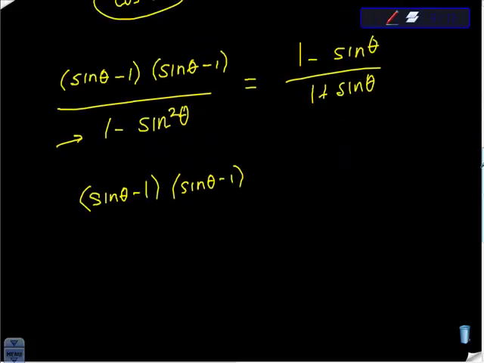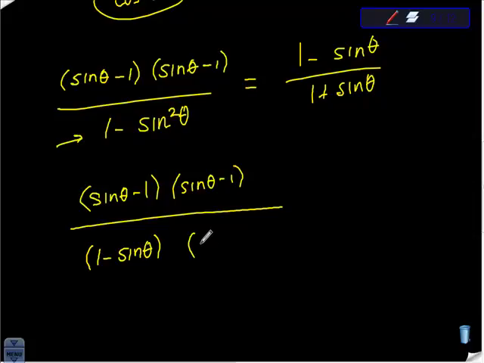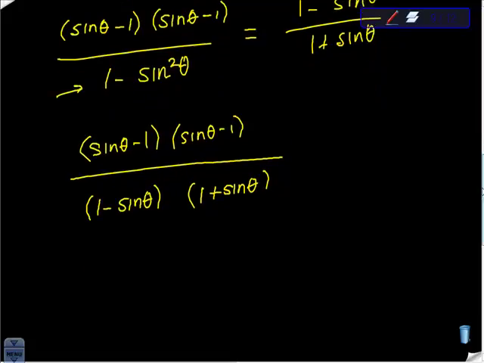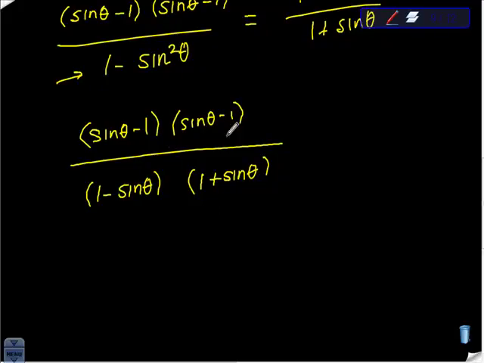But look, at the bottom we have 1 minus sine theta times 1 plus sine theta. What am I going to do here? Walk out a 1, right? This is really a pain. 1 minus sine theta again at the top.